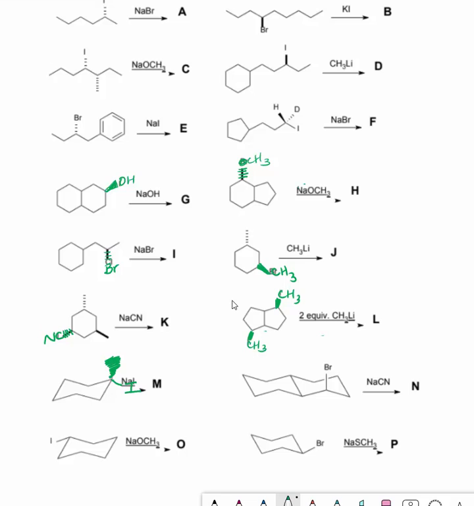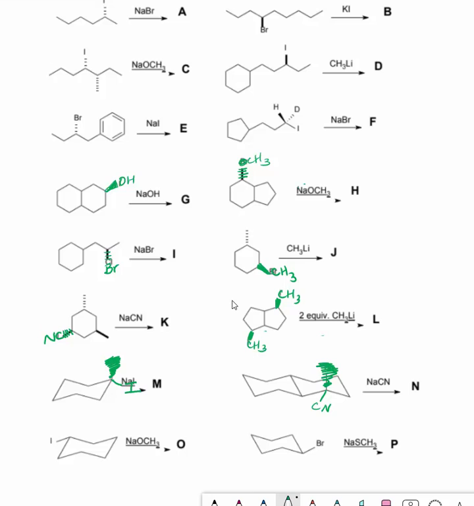For N, similar to M, our cyanide will come from under the ring to push the bromine off. And when it does that, the product that we form, I'm just going to kind of scratch out the bromine. He is in an axial position, so our cyano group will be equatorial.